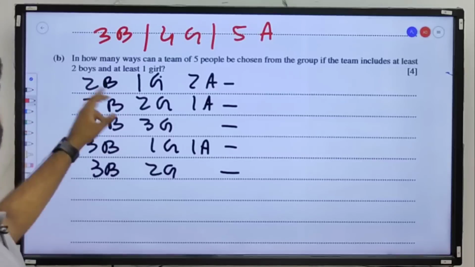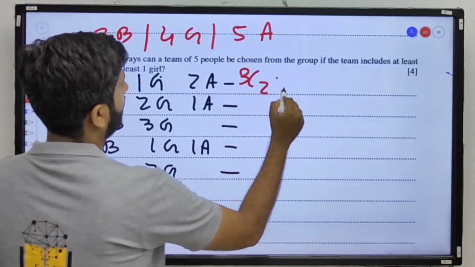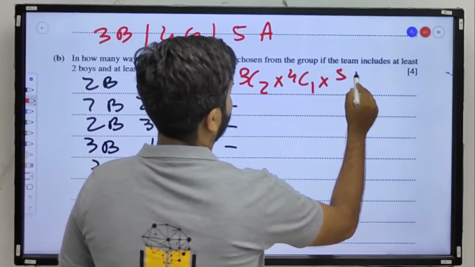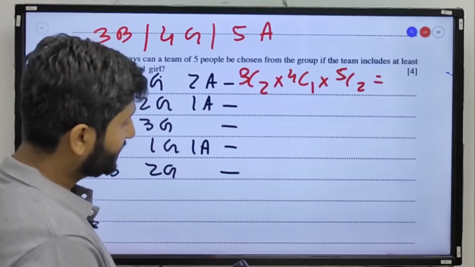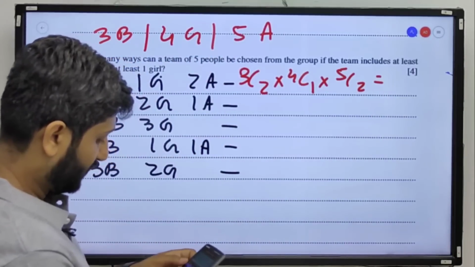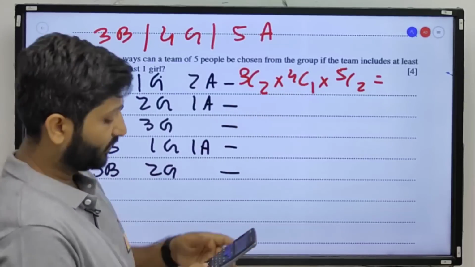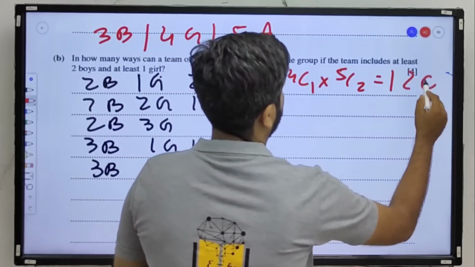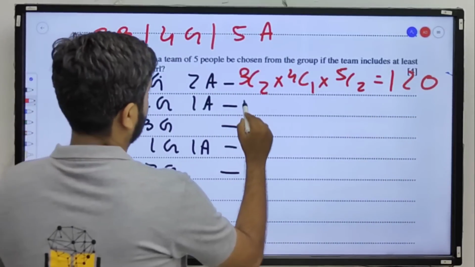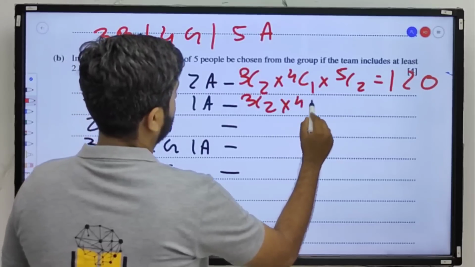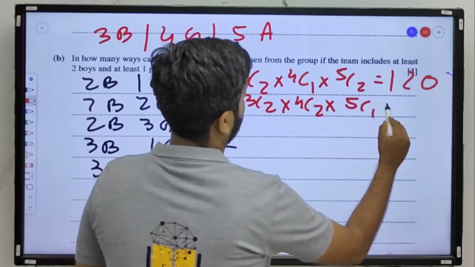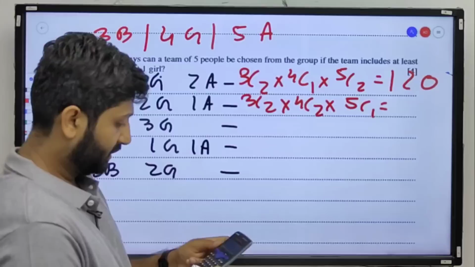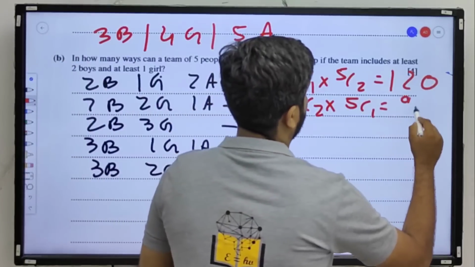So for 2 boys we have 3C2 into 4C1 into 5C2. 3C2 is 3, 3 into 4 is 12, and 5C2 is 10. So this is 120. Then we have 3C2 into 4C2 into 5C1. 5C1 is 5, 5 into 3 is 15, and 4C2 into 15 gives a total of 90.